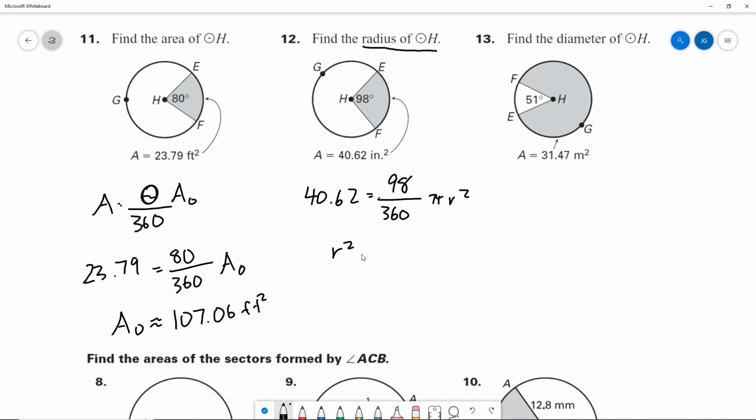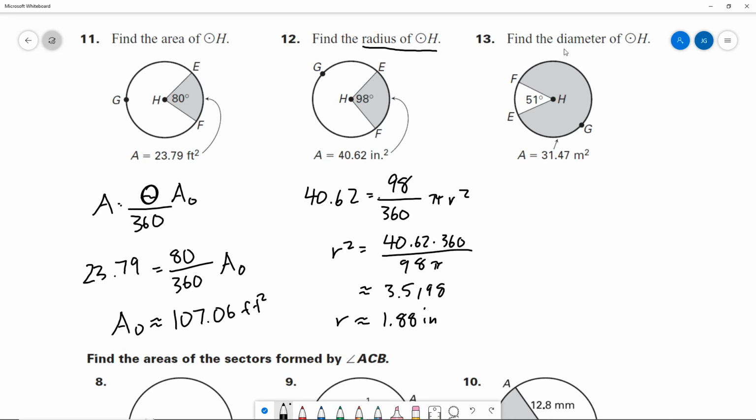Doing a little rearranging, r squared is going to be 40.62 times 360 over 98 pi. Plugged into a calculator, that's going to get us a value of approximately 3.5198, and then taking the square root of both sides will get us to 1.88 inches. That's our unit.